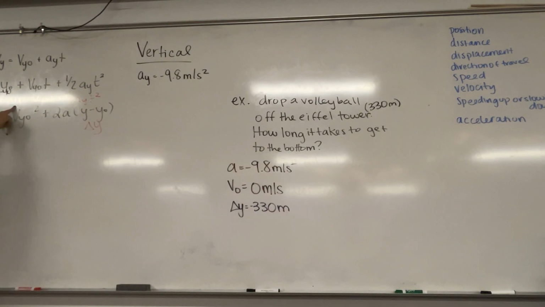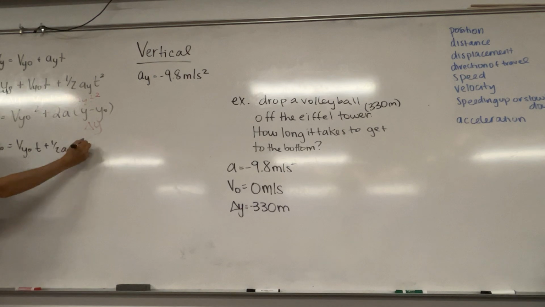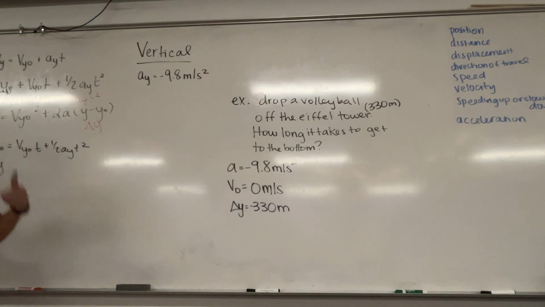So y minus y naught is equal to delta y. Would it not be y is 0 multiplied by y? Nope. This is just y0 by itself. So I just subtracted and got y minus y naught is equal to vy naught t plus 1/2 ay t squared. So then that's just delta y. Does that make sense?